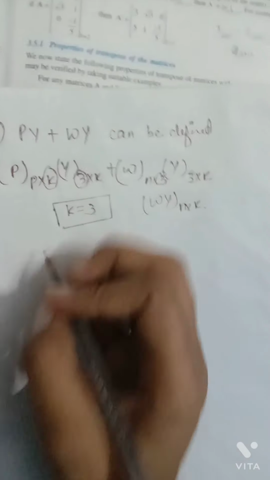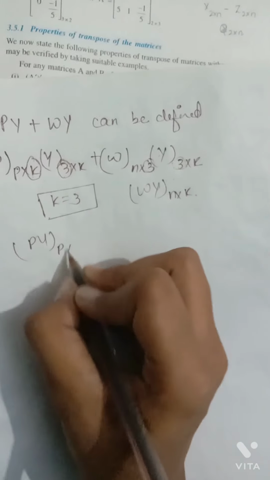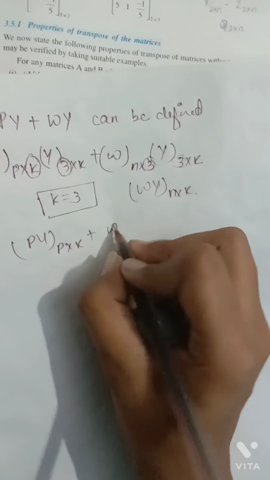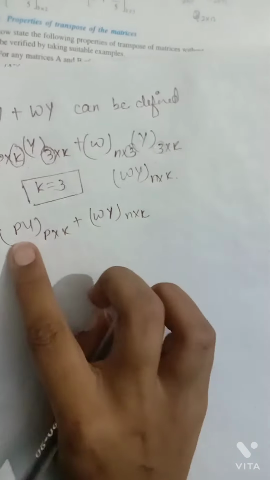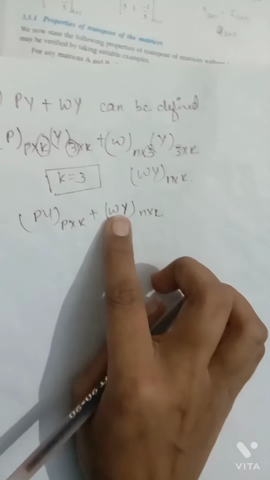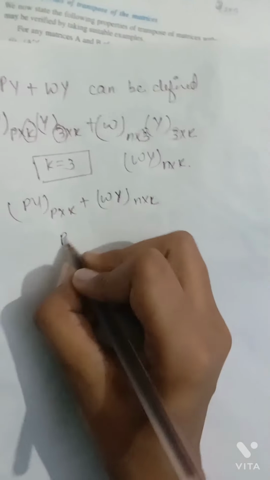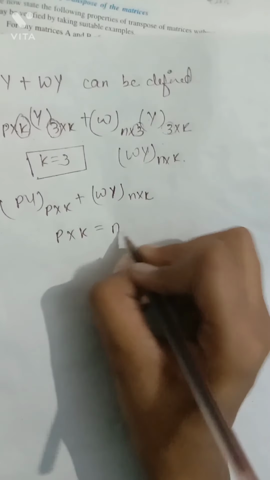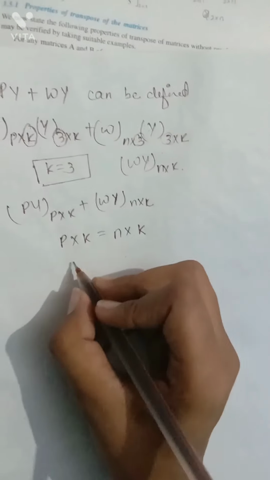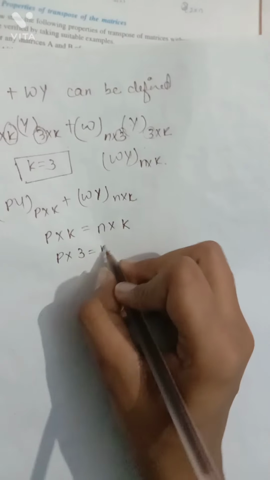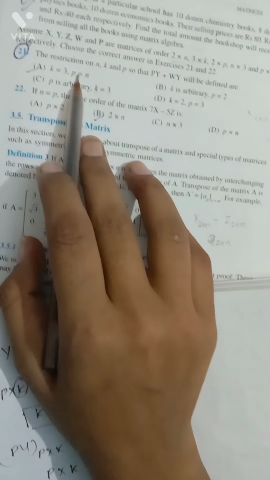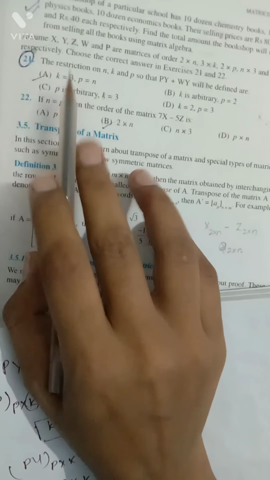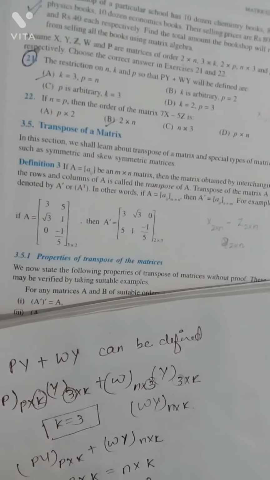So PY gives p cross k, and WY gives n cross k. These matrices can only be added when the order p cross k equals n cross k, with k equal to 3, so p equals n. So the given option is k equals 3 and p equals n. Hence this is the answer which we have proved.